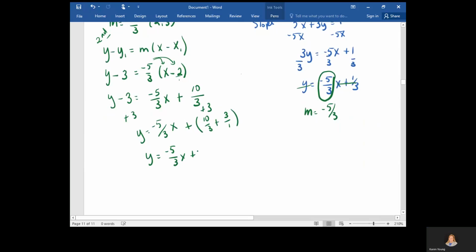If I multiply the 3 by 3, I have 10/3 plus 9/3, which gives me 19/3. And then this is my equation of my line.